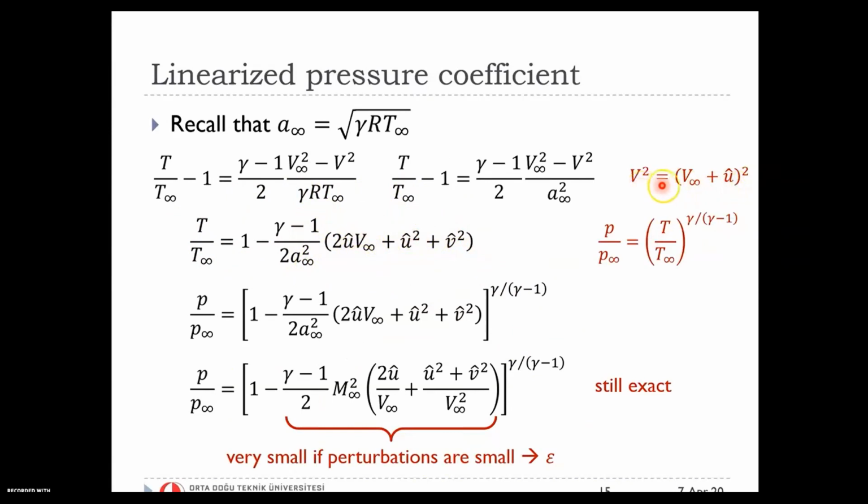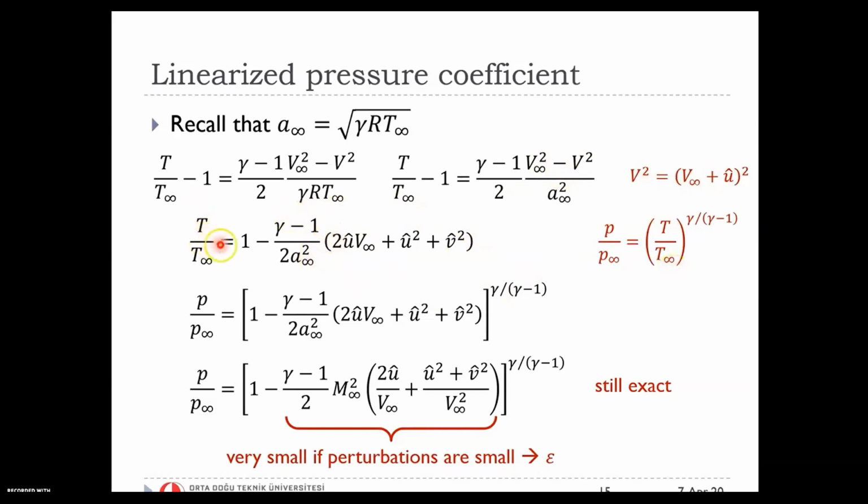The resultant velocity vector here only has the x component given, but there should also be a y component, which will be the v hat square here, because once this is plugged in, you end up with this relation.